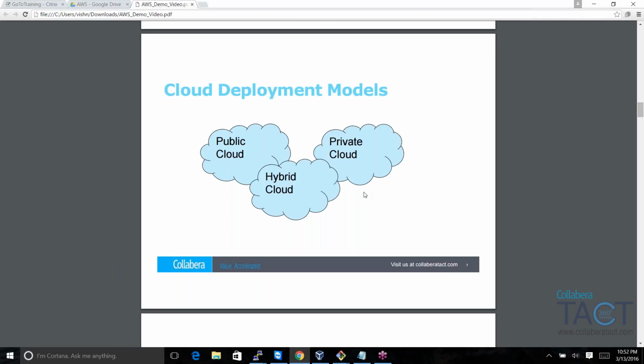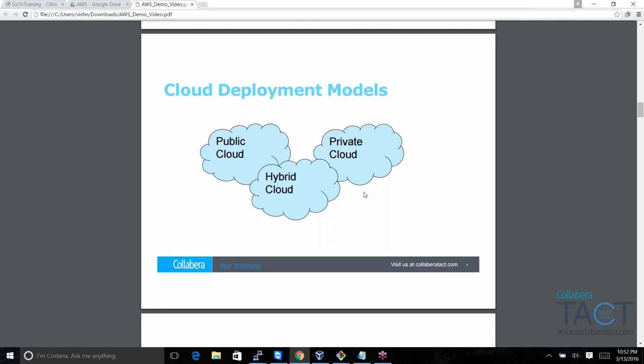Basically, a public cloud is a cloud which is open to anybody in the world. For example, AWS is a public cloud infrastructure.